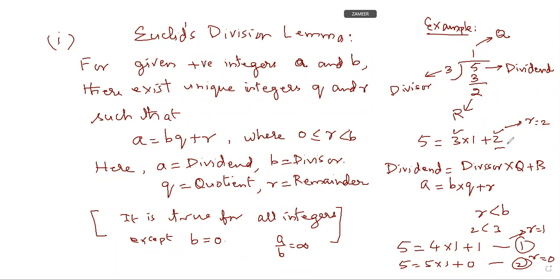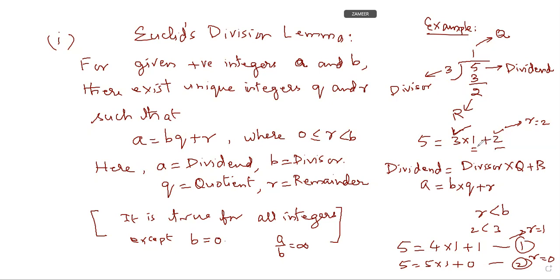At the maximum value of r, you will get the divisor and quotient, so this divisor 3 and quotient. This quotient will be the HCF of these two numbers.